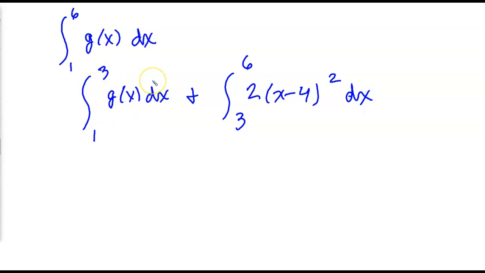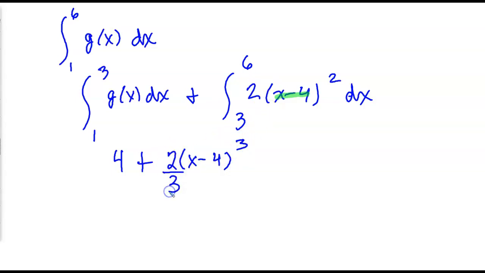And this part here from 1 to 3, we said was just a 2 by 2 square, so that's going to be 4. And to integrate this, we're going to learn u substitution a little bit later on, but because the derivative of the inside here is 1, I can just apply the power rule to this. So I can add 1 to the exponent. This becomes (x minus 4) to the power of 3.